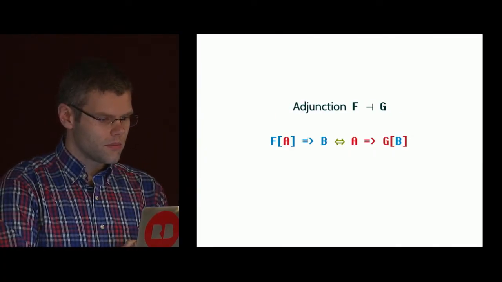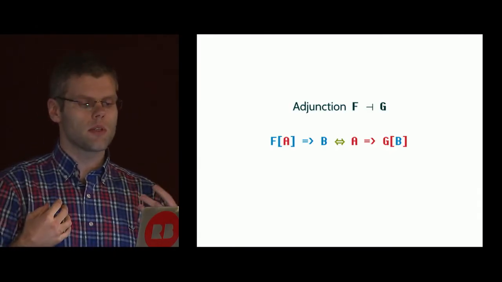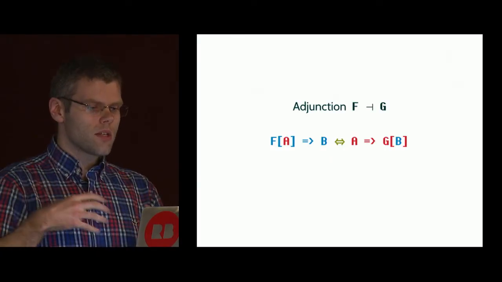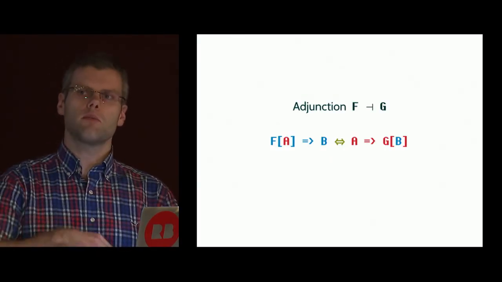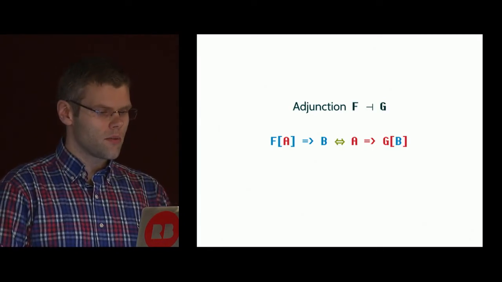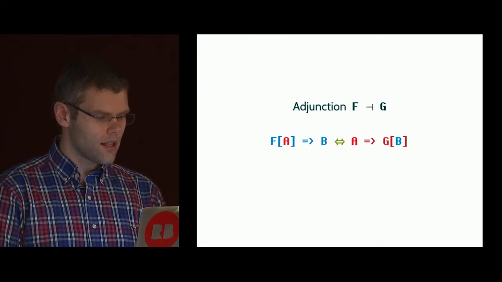So instead of considering just functors between categories of sets of objects and descriptions, we can generalize this to any category. And since we can generalize to any category, let's just pick the Scala category, right? So we can say the same kind of thing about adjunctions in Scala, right?